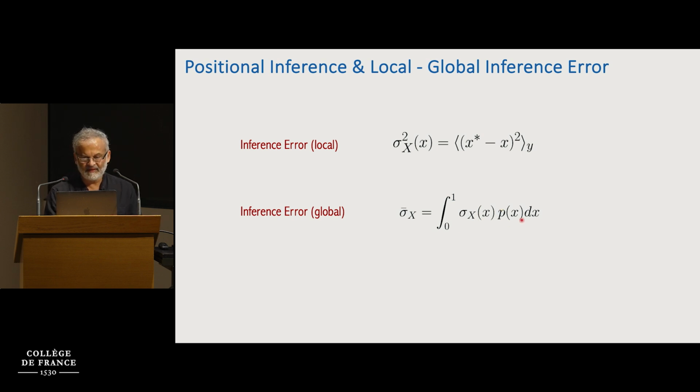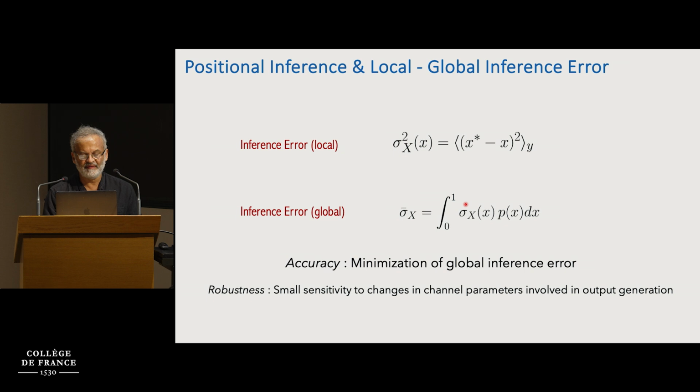So the idea would be now to minimize this error, and the accuracy and robustness are then defined as following. You would like to see what are the parameters defining the chemical reaction network that go towards minimizing this global error, and the parameters so obtained should be robust.